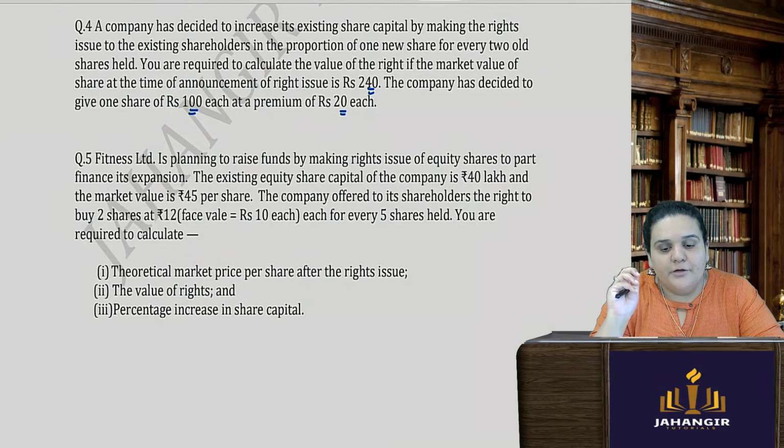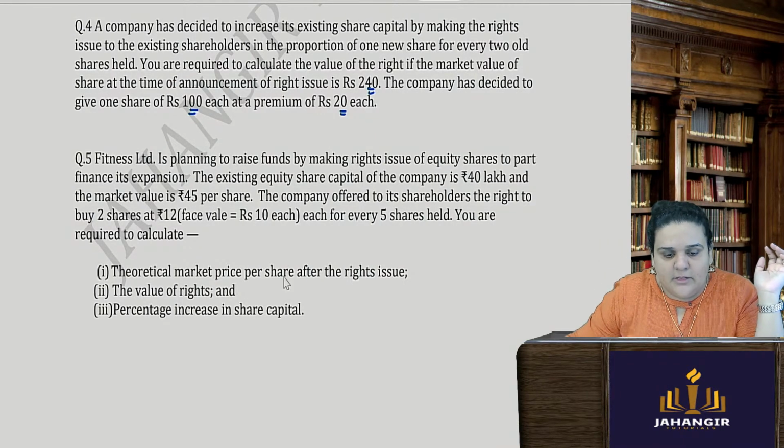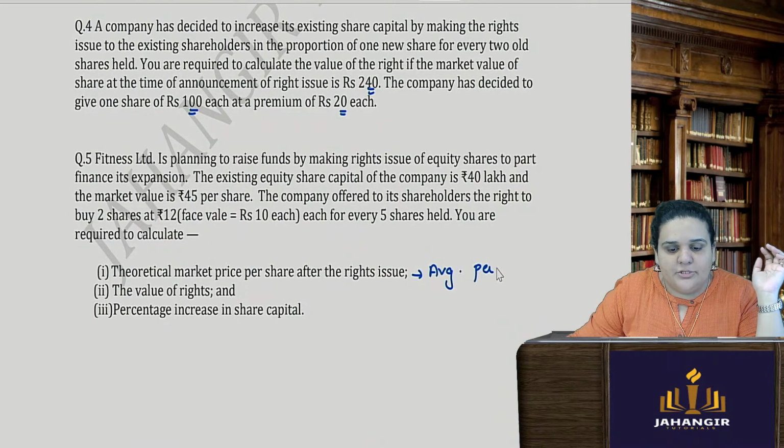The company offered to its shareholders the right to buy 2 shares at rupees 12. Face value is 10, that means it is at a premium of 2 rupees each, for every 5 shares held. You are required to calculate the theoretical market price per share after the right issue. That means they are asking you the average price per share.